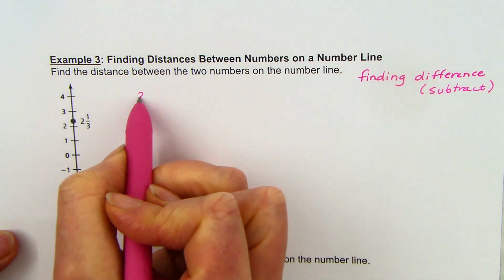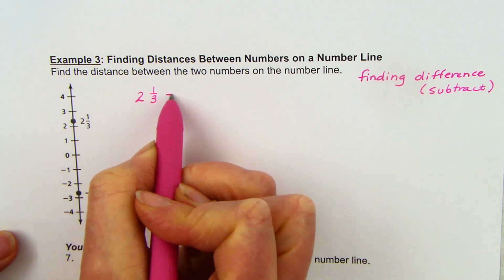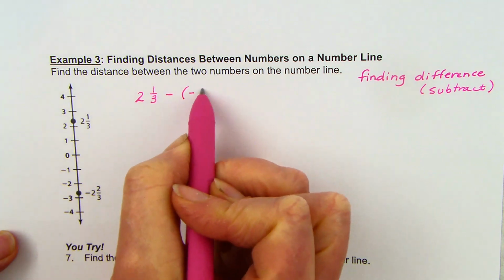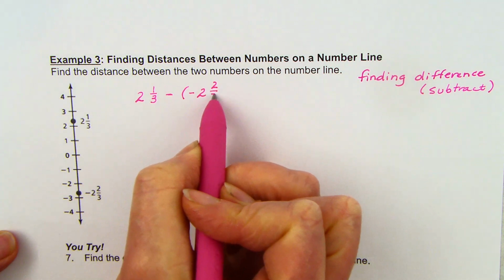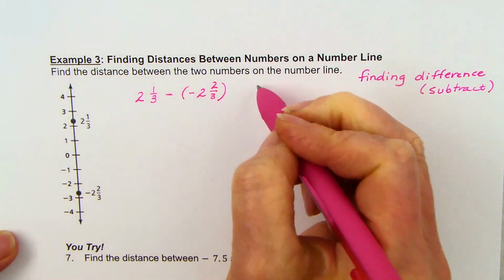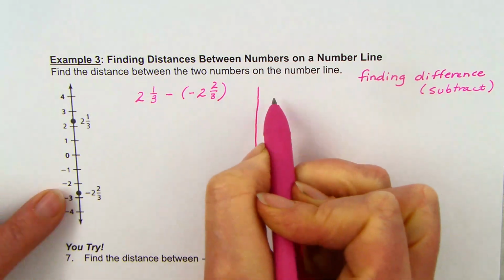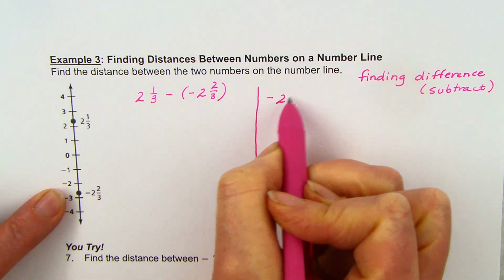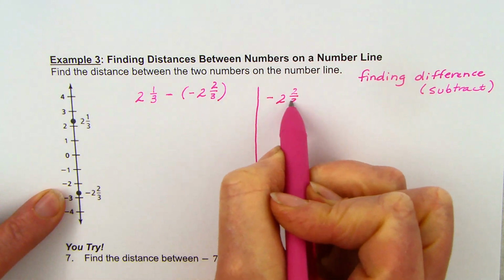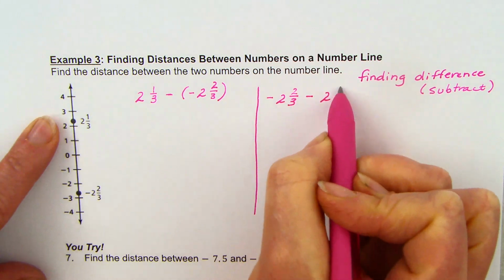So we're going to do 2 1/3 minus -2 2/3. So finding the difference between them. And then we'll do it again, and we'll start with this one, -2 2/3 minus 2 1/3.